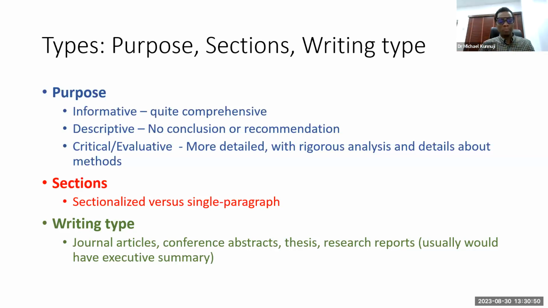And then you can also have abstracts for different types of writing for your journal article. You could have a conference abstract. You could have an abstract for your thesis. You could have a report that will have, well, so most reports have executive summaries rather than abstracts because the abstracts usually is shorter than the executive summary.